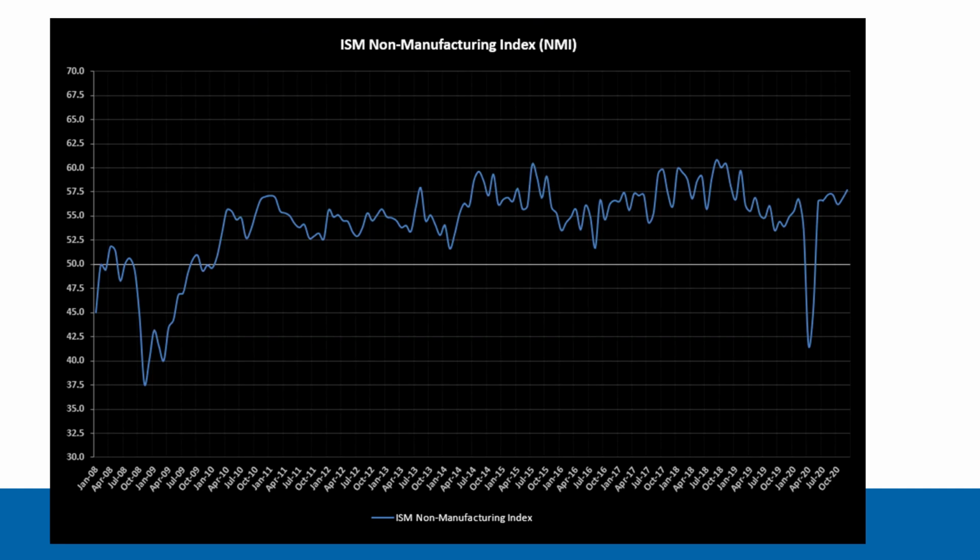What we're looking at here is the NMI composite index, and you can see the data only goes back till January 2008, and you can see very clearly two areas of the chart where the index was significantly below 50, which was the global financial crisis of 2008, 2009, and also the COVID economic shutdown in 2020.